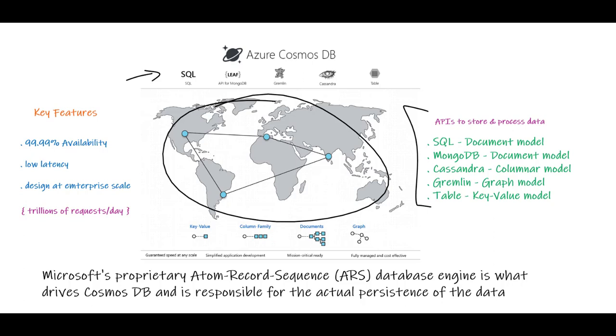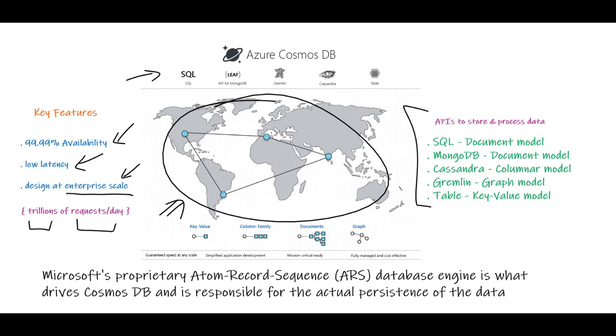You really have to be designed for availability and consistency and low latency, and something that is designed for true enterprise scale. By really thinking about enterprise scale today, think about this whole global situation. We're talking about dealing with possibly trillions of requests per day.